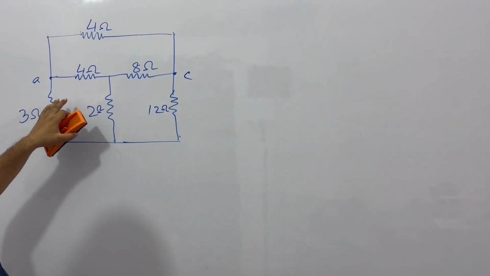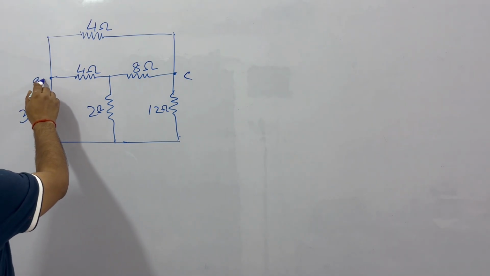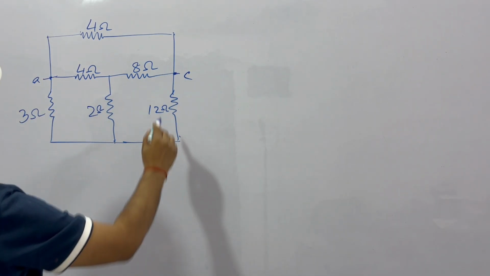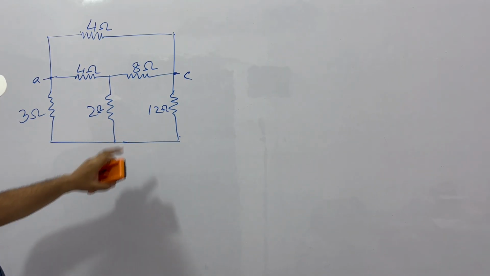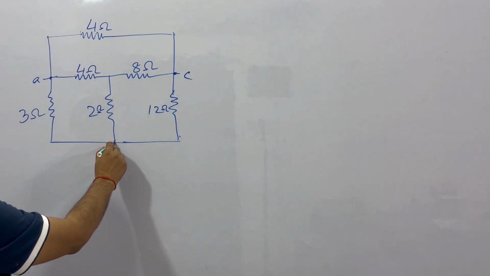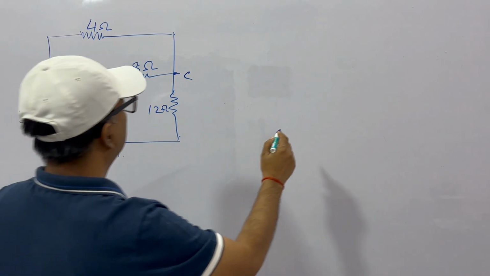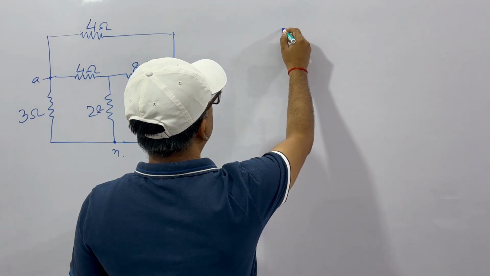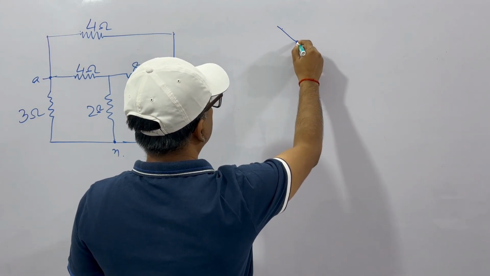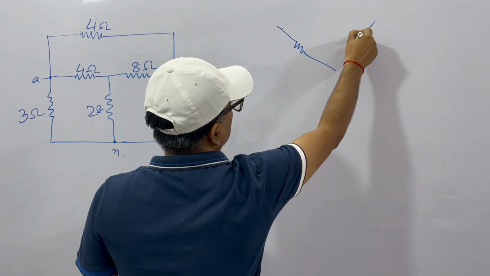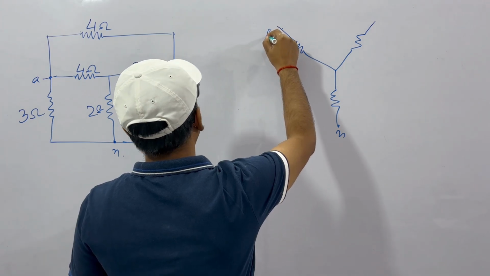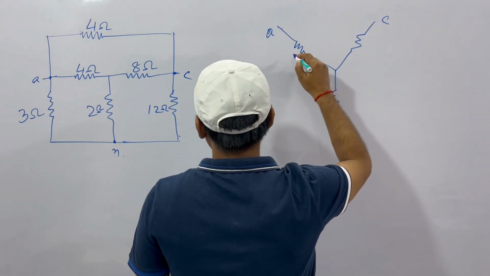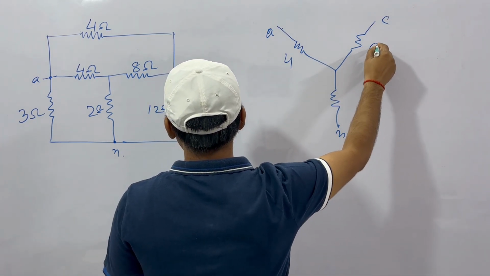Now, we have to find the equivalent resistance across A and C. See, in this figure, let's say this is N, this is A, this is C. So this is 4, this is 8 and this is 2 ohm.